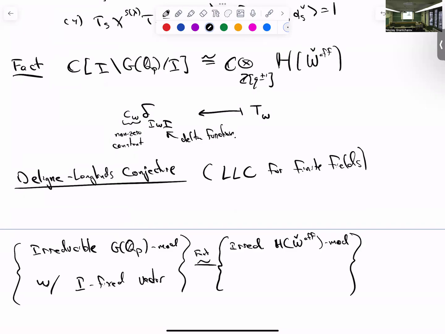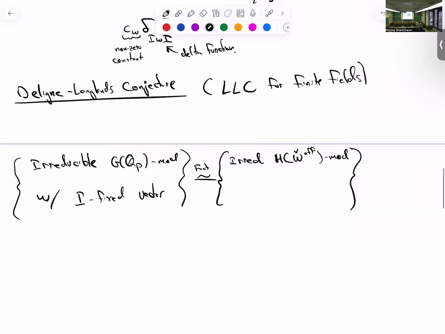And I mean the complexified version of this with no I fixed vectors. And then here's the mysterious dotted arrow, where I'll be very, very vague and just say that this should be related to certain tame reps of the Galois group.